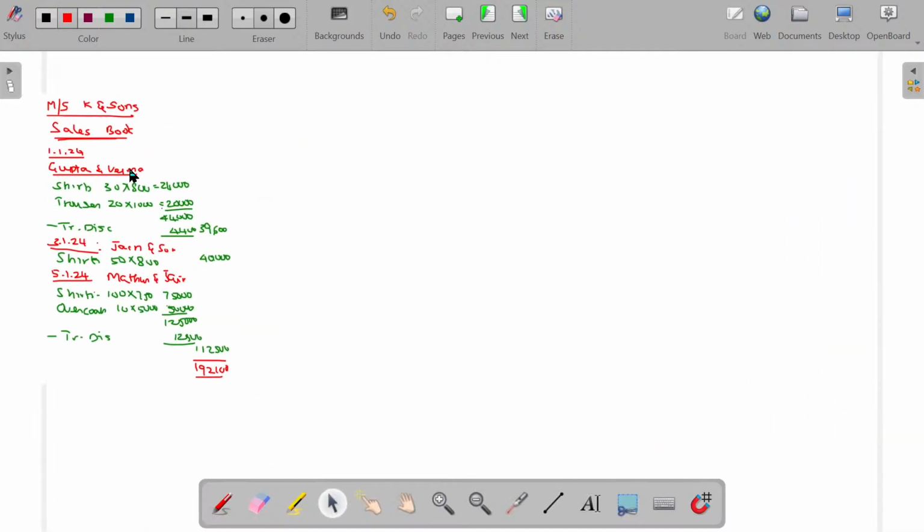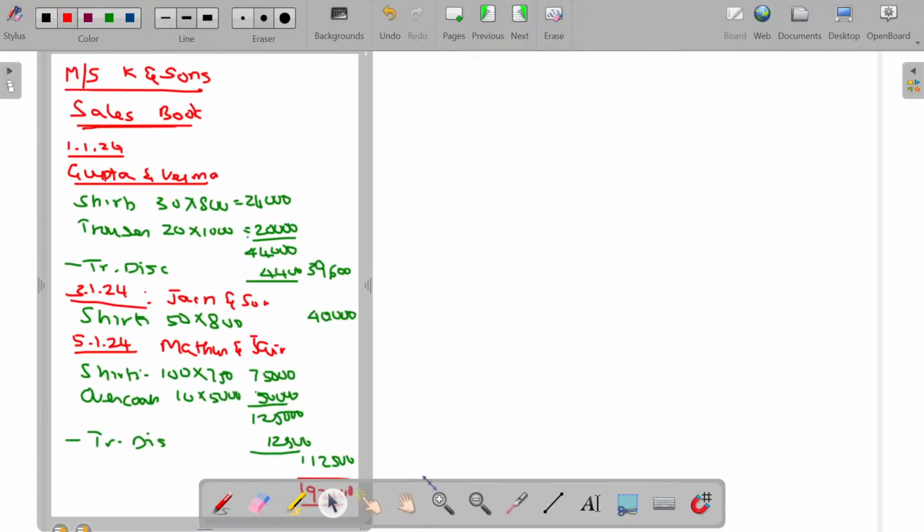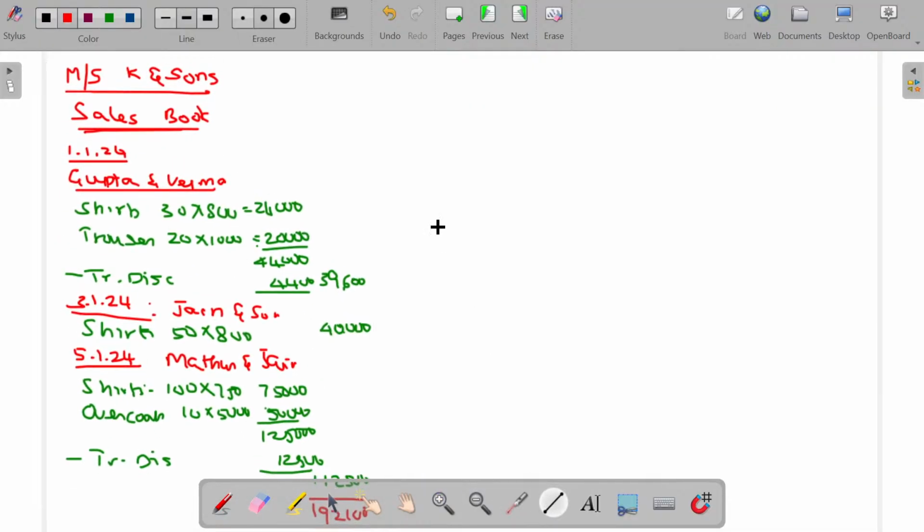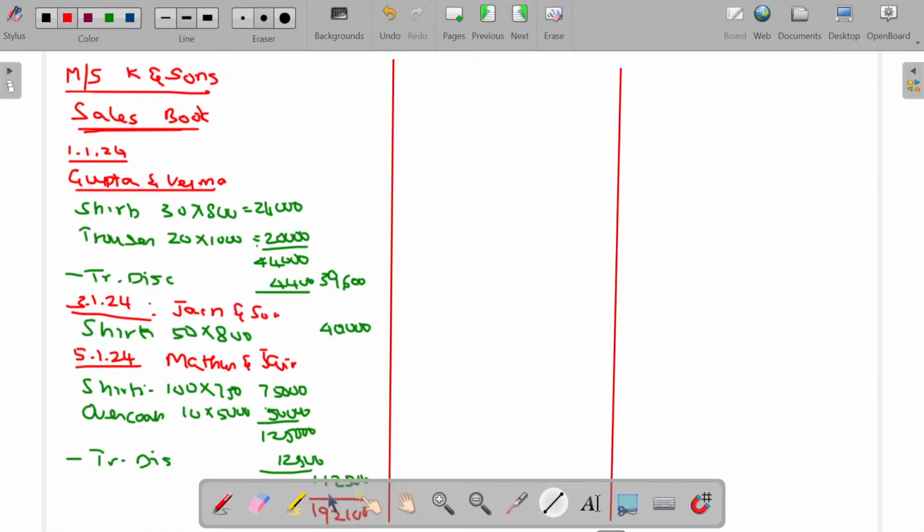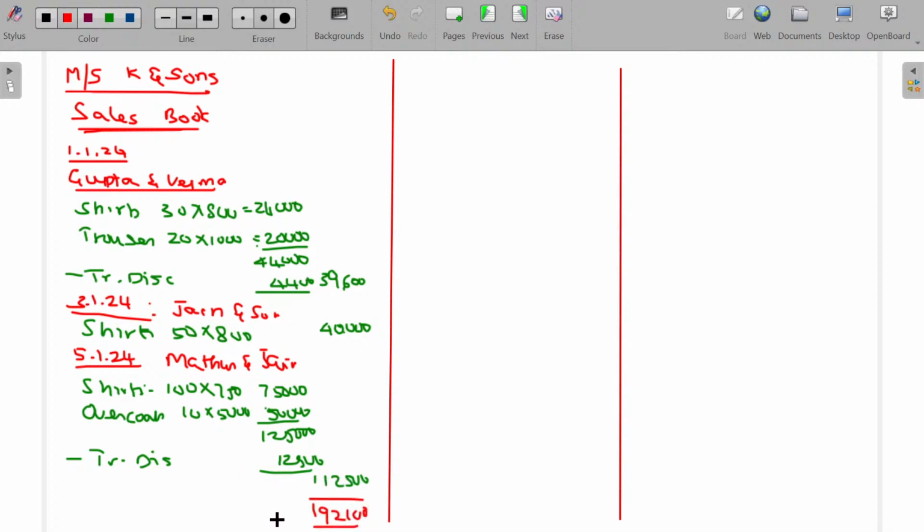Now, what's the next work? Post that in the ledger. What are the ledgers going to be opened here? One is Gupta and Verma.